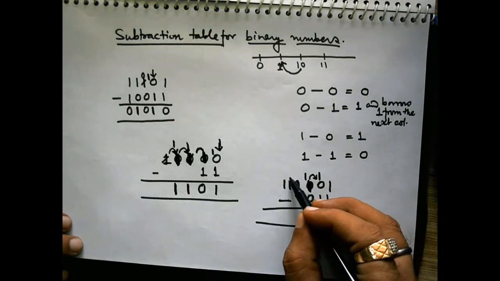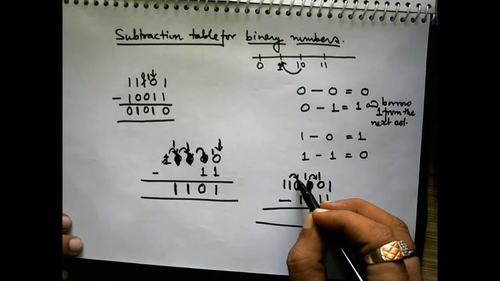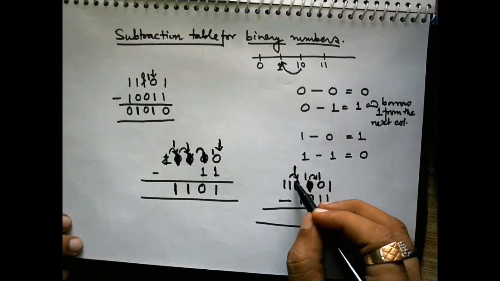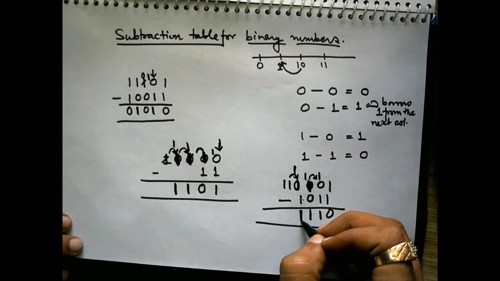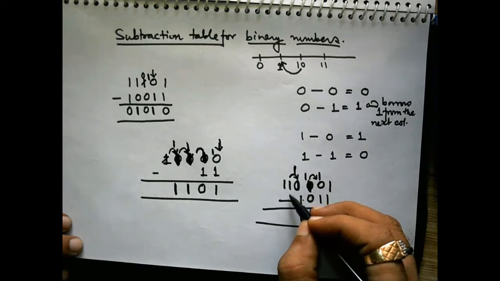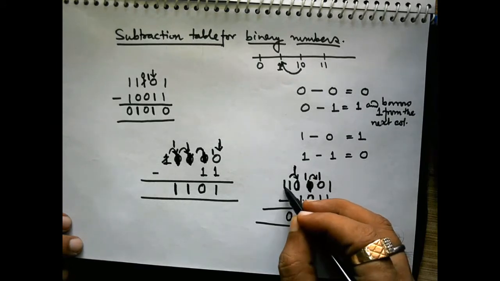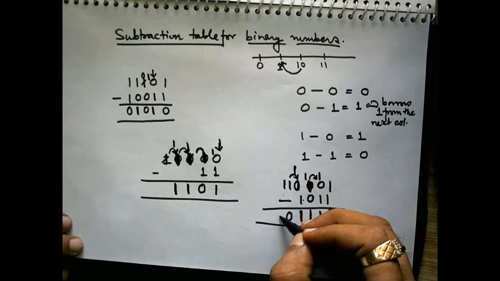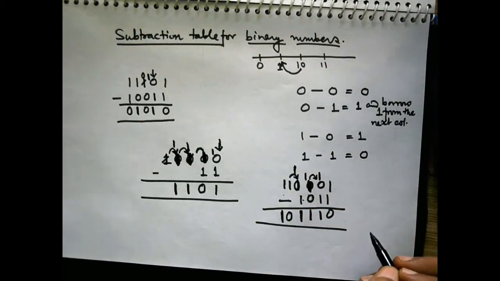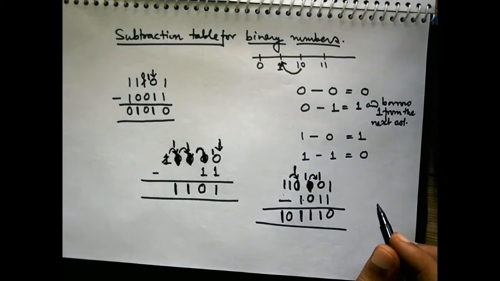But this will borrow from its next column and it will become 1 0, and 1 subtracted from 1 0 will result in 1, and in effect this will be 0. So 0 subtracted from 0 is 0, and 0 subtracted from 1 is 1. So this is the final result, and this way you can perform binary subtraction of any given number.